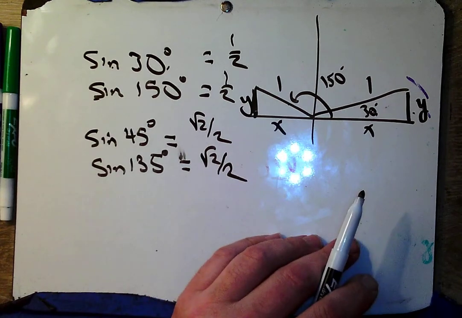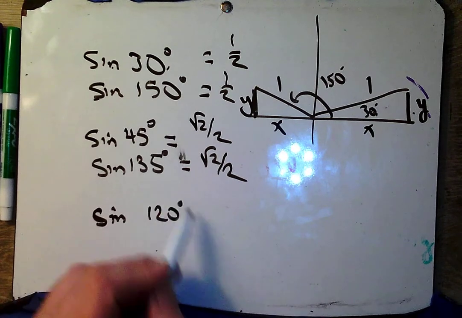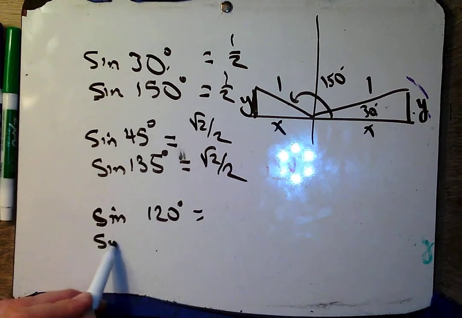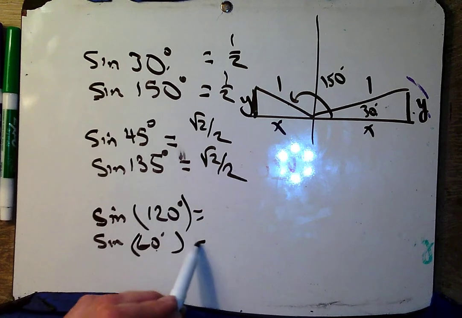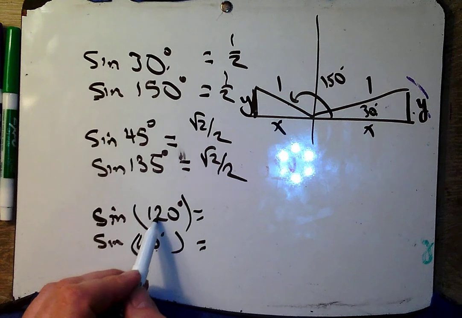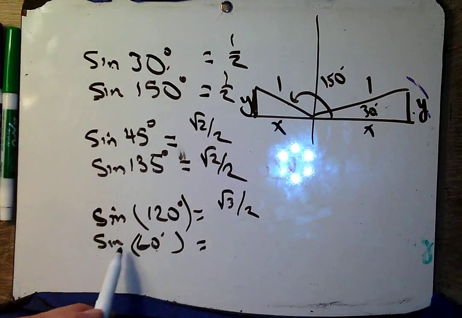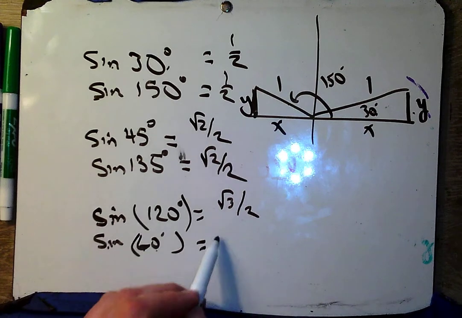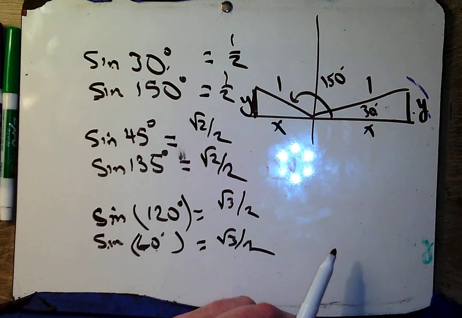How about the sine of 120 and the sine of 60? What can we say about those? Well, the y value at 120 is root 3 over 2, and the y value at 60 degrees is root 3 over 2. Now, what do you notice about all of these?